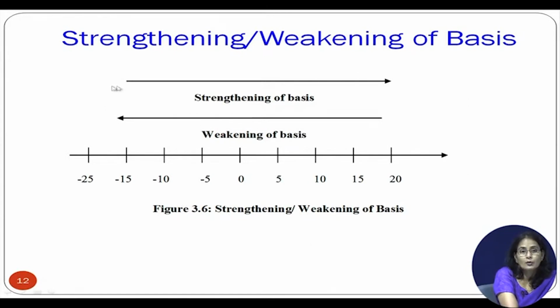So more negative to less negative, or less positive to more positive, is strengthening of basis. And what is weakening of basis? It is the other way around, from more positive to less positive or from less negative to more negative. That is known as a weakening of the basis.